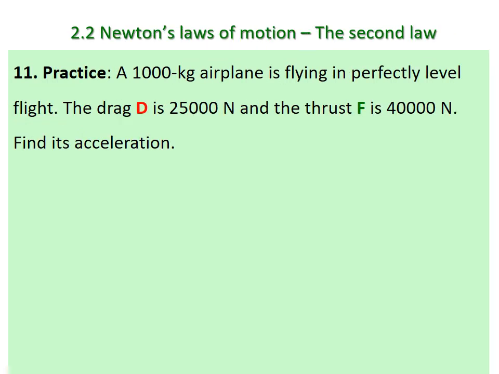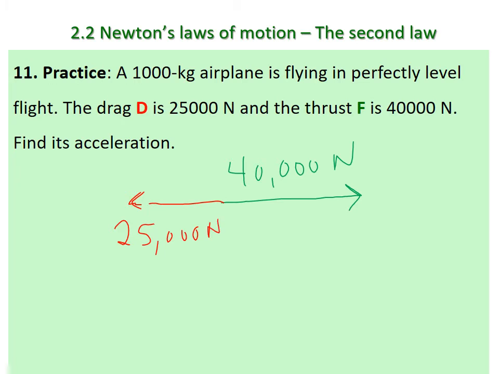Okay, practice 11, a 1,000-kilogram airplane is flying in perfectly level flight. The drag D is 25,000 newtons and the thrust F is 40,000 newtons. Find its acceleration. So it's just like from before, the plane. We have a thrust of 40,000 newtons, I guess heading east, and I have a drag force of 25,000 newtons.